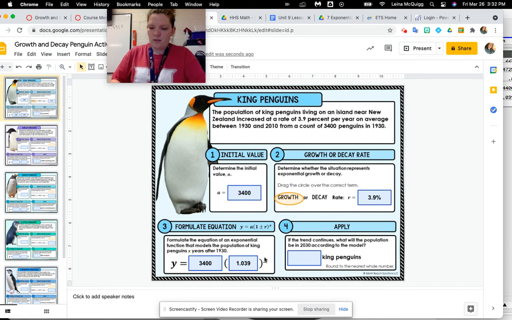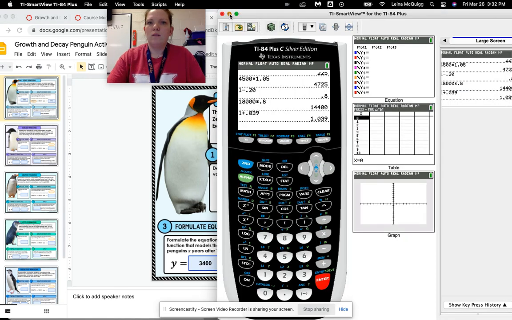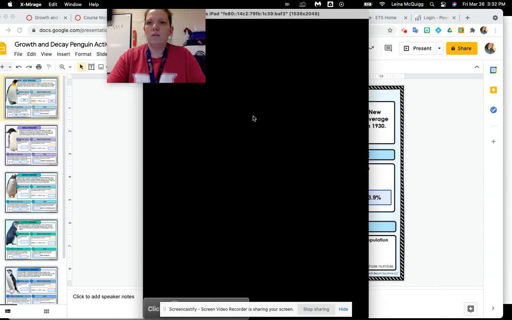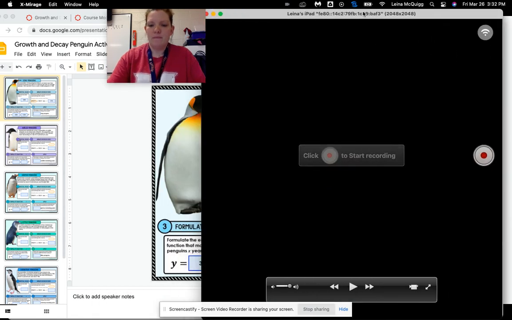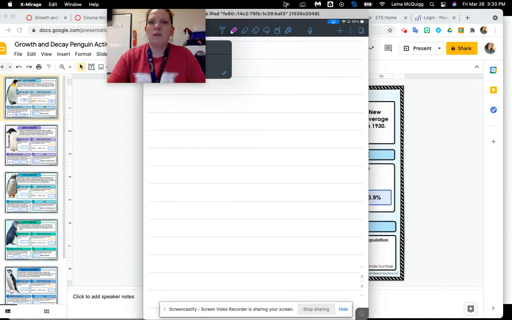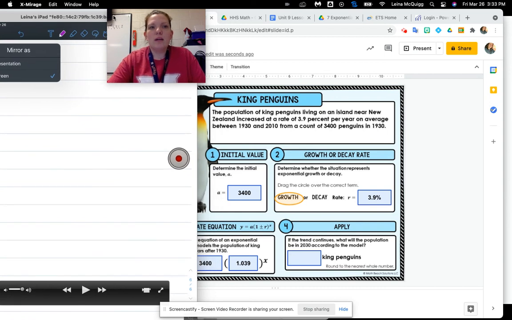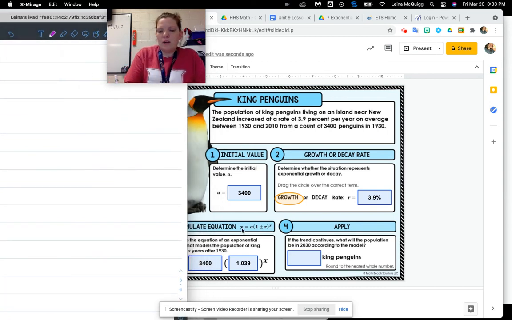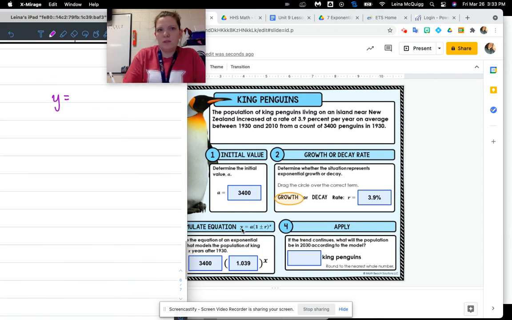So my equation is y equals 3,400 times 1.039 to the power of x.